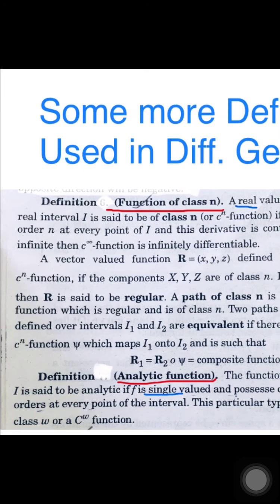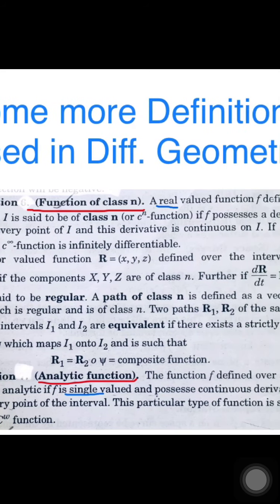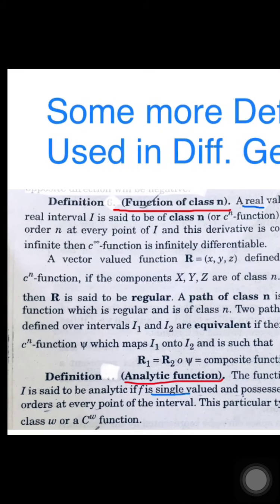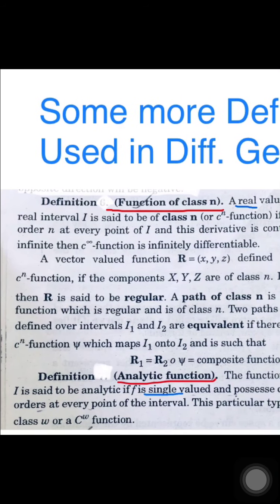In the very first line, a real valued function defined over an interval I is said to be analytic if, importantly, f is single valued. Initially, we took a real valued function in the definition of function of class n.